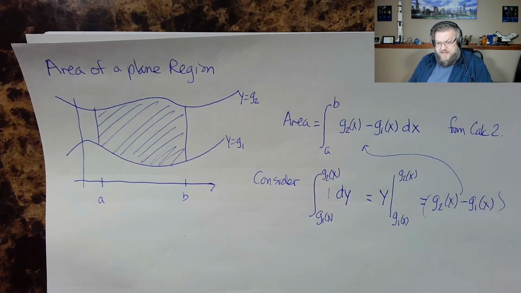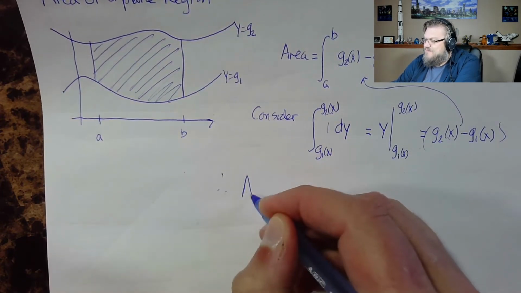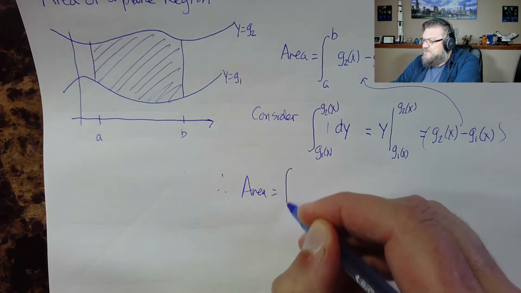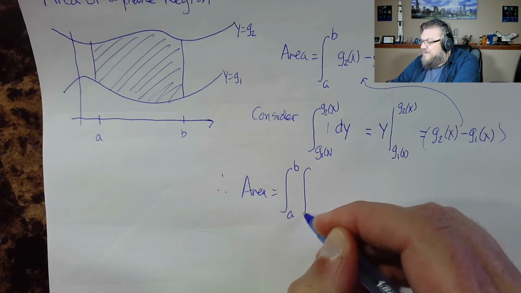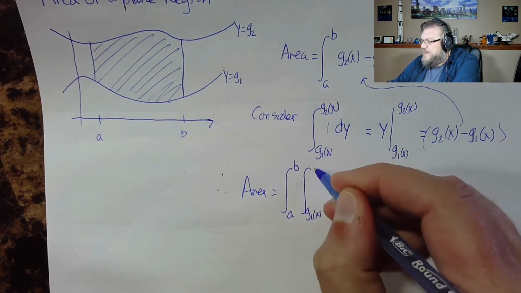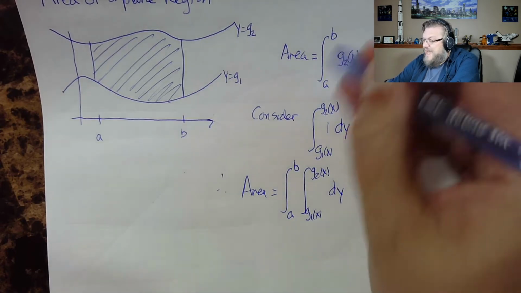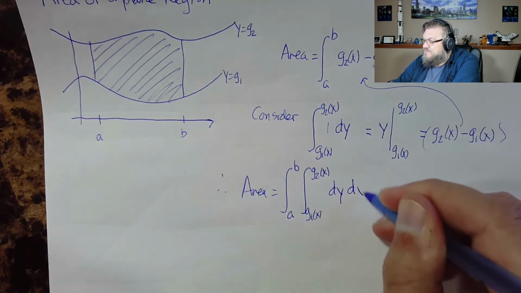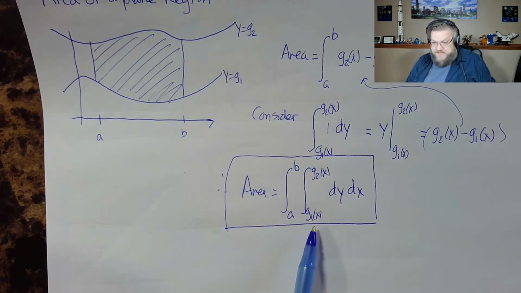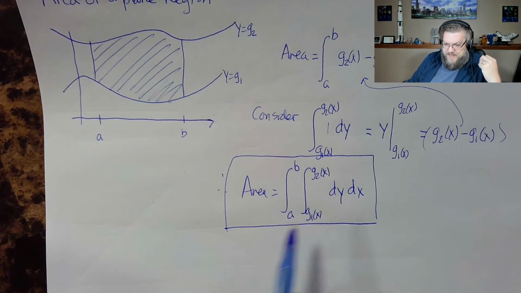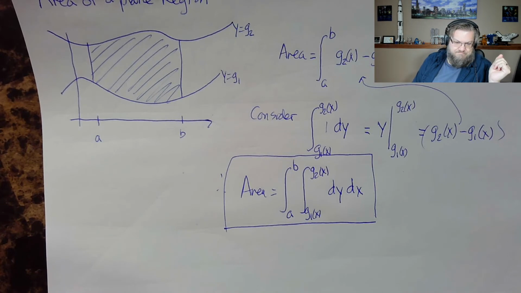So I do have an iterated integral way of looking at area, don't I? Therefore, area could be thought of as the integral from a to b of the integral from g1 of x to g2 of x with respect to y, and then that integral with respect to x. If you were to calculate this iterated integral, you would find the area of the corresponding domain of integration.